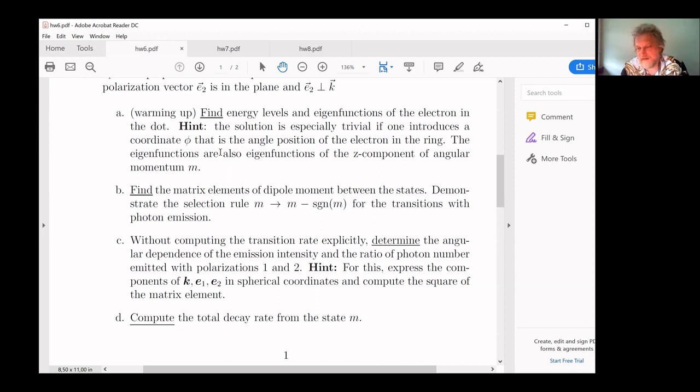Then there is another point, point C. Without computing the transition rate explicitly, determine the angular dependence and the ratio of photon numbers emitted with polarizations 1 and 2. This comes from comparison of matrix elements of the dipole moment.